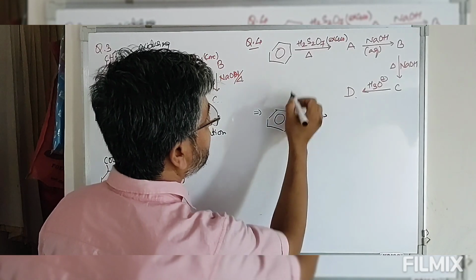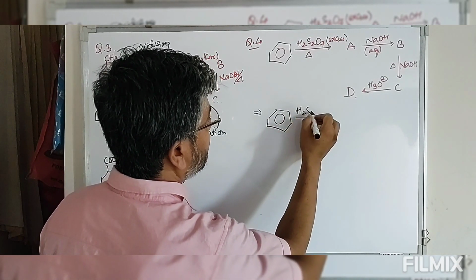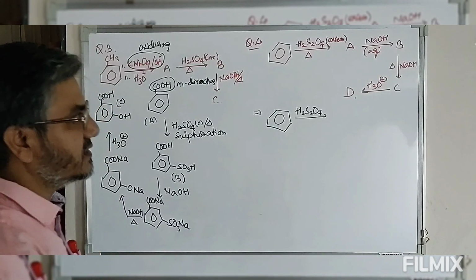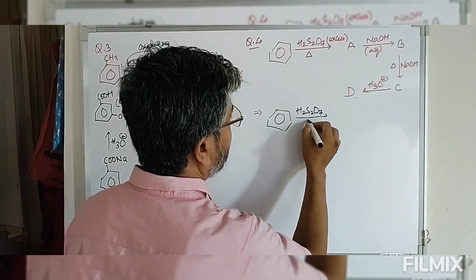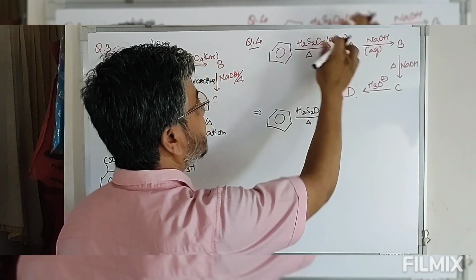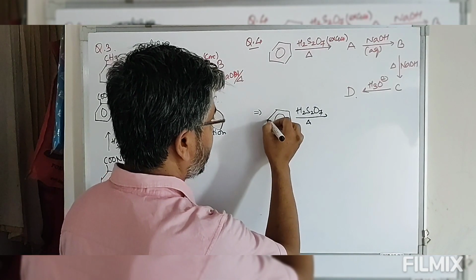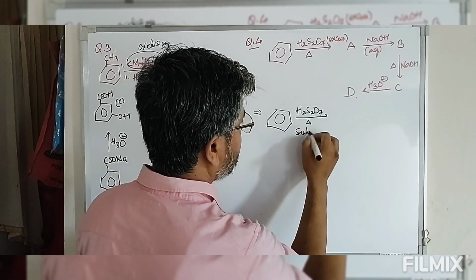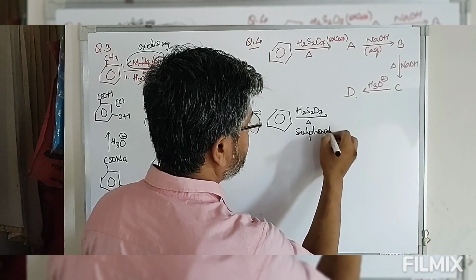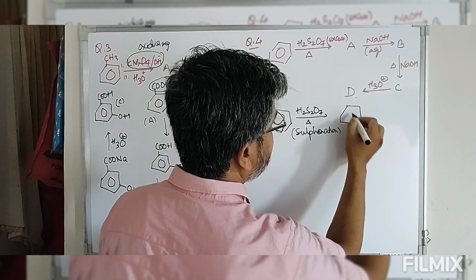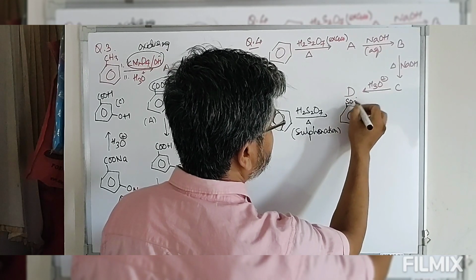Benzene reacts with oleum. Oleum is a very strong sulfonating agent, followed by heating. The question says this is taken in excess amount. So this undergoes sulfonation, so the reaction is sulfonation of benzene. So benzene on sulfonation gives you benzene sulfonic acid.